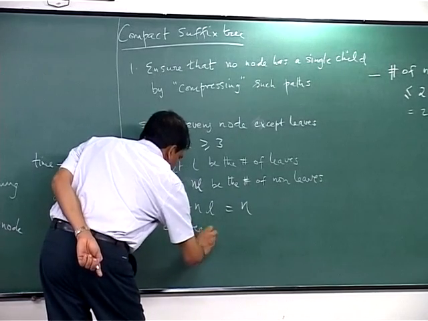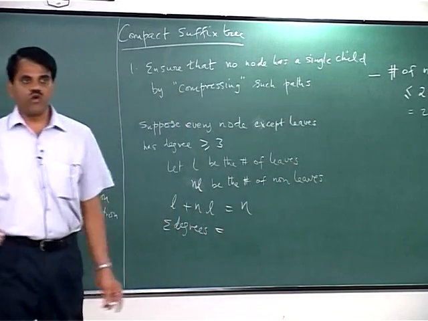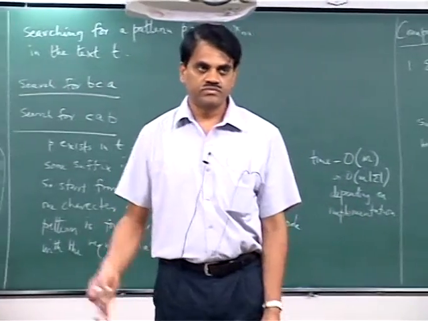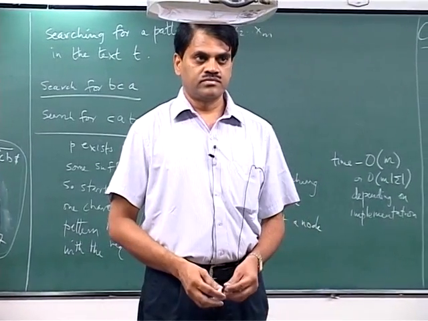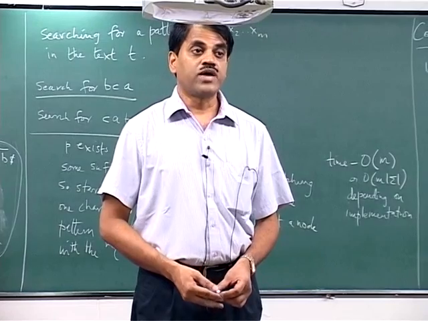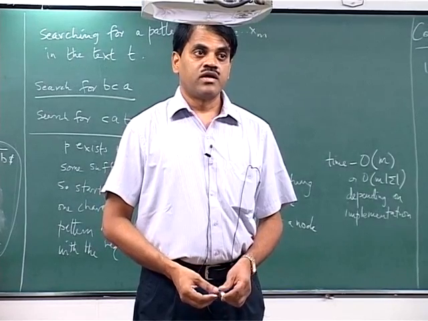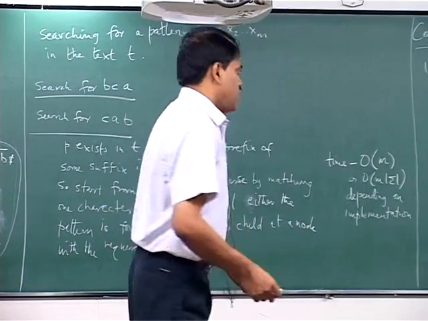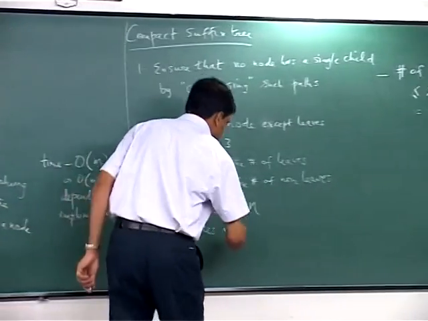What do we know about the sum of the degrees of all vertices in this tree? Yes, 2 times n minus 1.